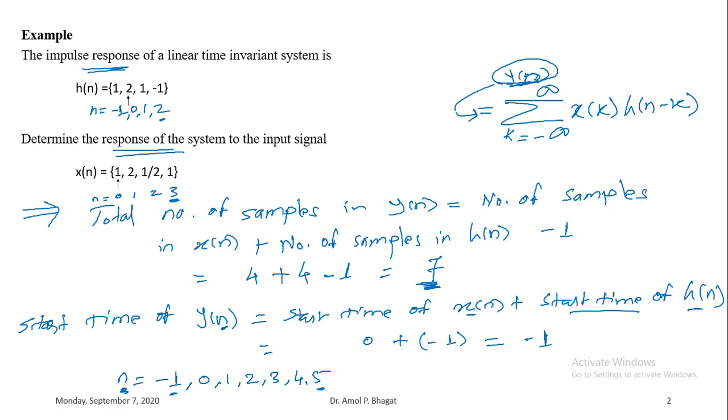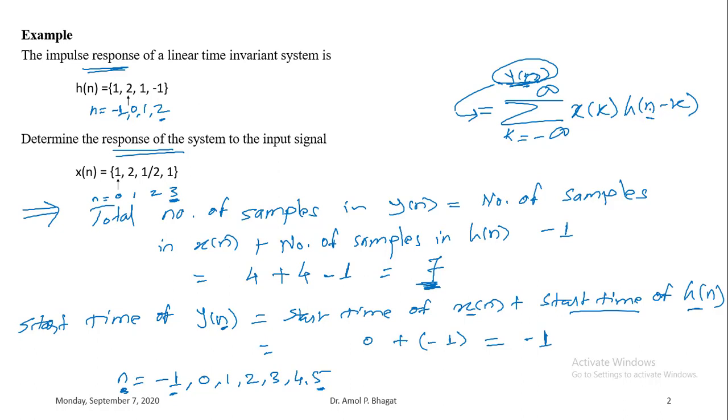To identify the values of y of n in the given convolution summation formula, as n is varying from minus 1 to 5, when you substitute n equals minus 1, it will be h of minus 1 minus k. When n equals 0, it will be h of minus k.